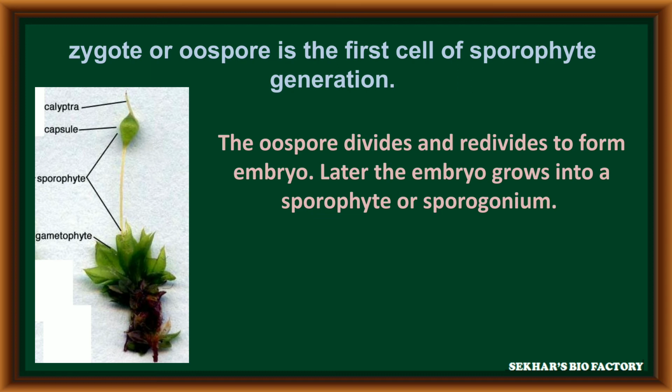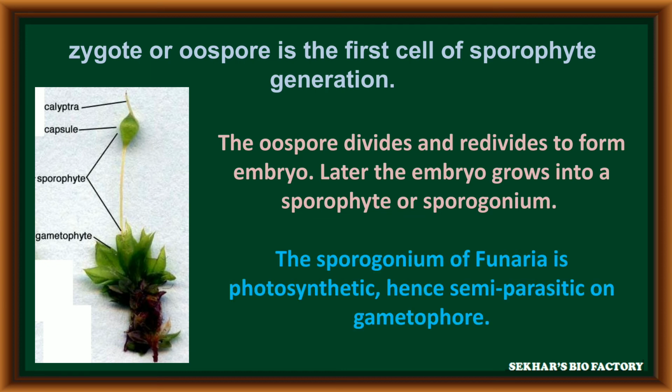Later, this embryo develops into a sporophyte or sporogonium. The sporogonium of Funaria is generally photosynthetic in nature because of its green color, and it is semi-parasitic on the gametophytic plant body. So the entire sporophyte is semi-parasitic on a haploid gametophytic plant body.